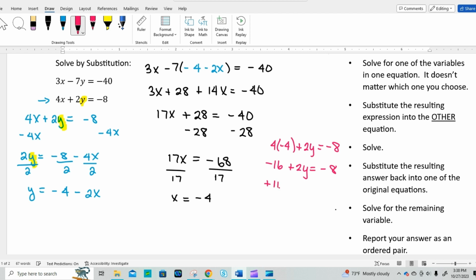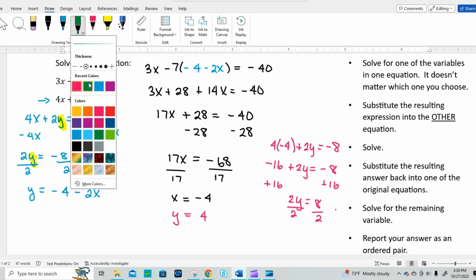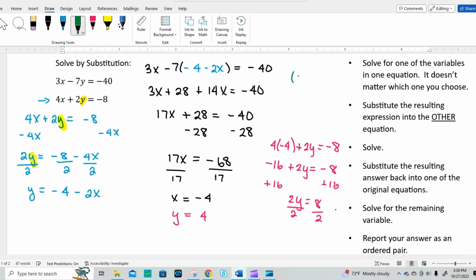Adding 16 to both sides, I get 2y is equal to 8. Dividing by 2, I get y is equal to a positive 4. So my ordered pair is negative 4, 4.